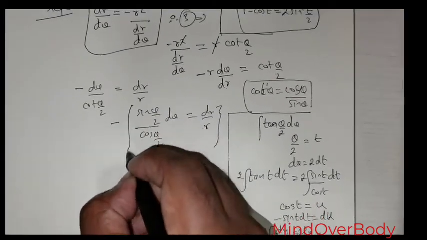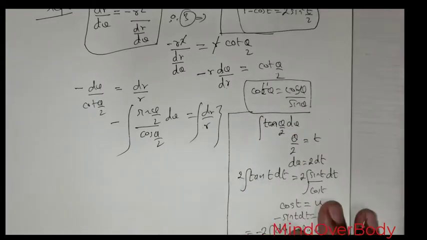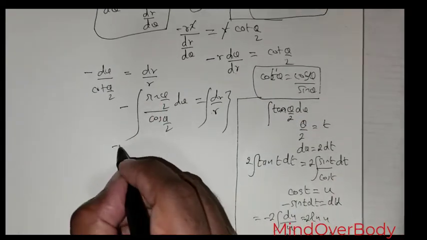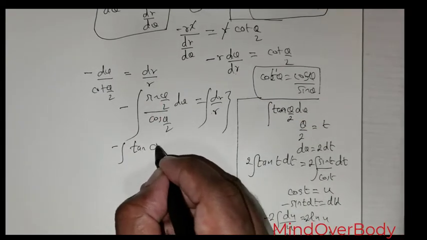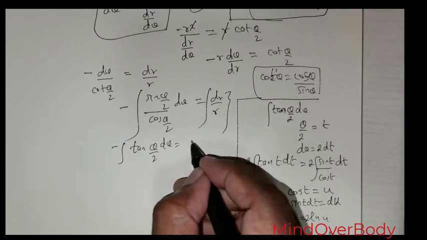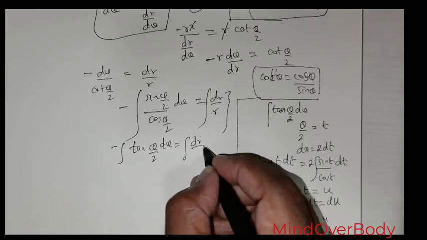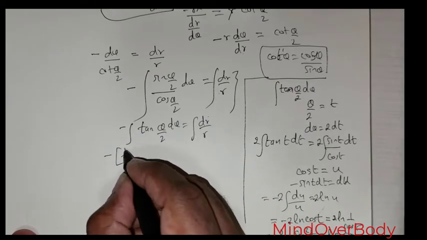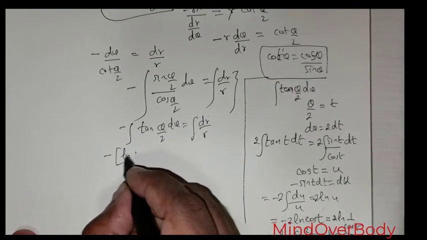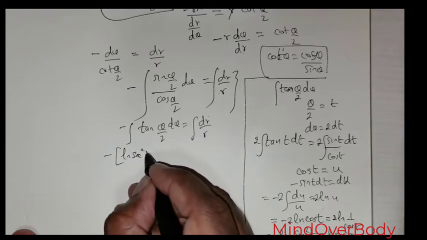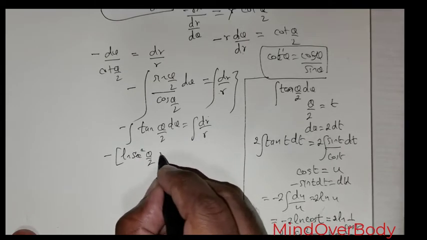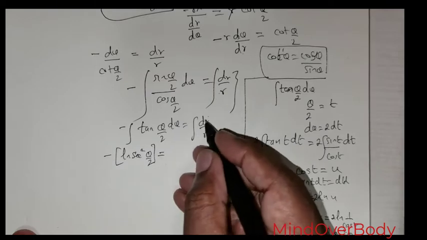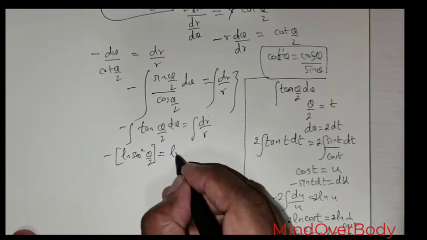Okay, so let me rewrite that. This is nothing but integrating tan theta over 2 d theta. This is integrating dr over r. The integration of this is going to be negative of ln of secant squared theta over 2 is equal to integral of this dr over r, which is going to be ln r.